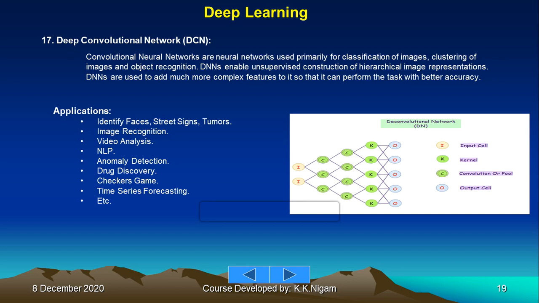DCNs are used to add much more complex features so that they can perform the task with better accuracy. Applications are identifying faces, street signs, tumors, image recognition, video analysis, NLP, anomaly detection, drug discovery, checkers game, time series forecasting, etc.